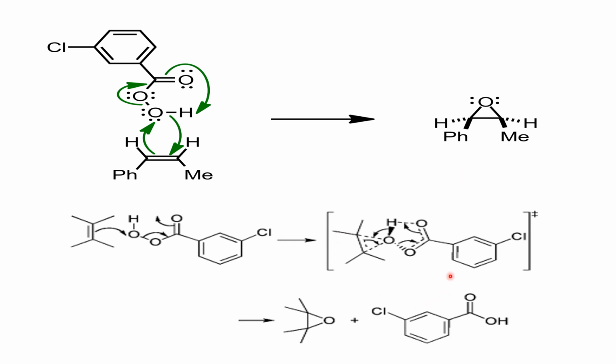And see here, we can easily make out a transition state is formed, which gets stabilized by rearranging to form the epoxide and meta-chlorobenzoic acid. Take down carefully. So, in the Prilezhaev reaction, a butterfly type mechanism is operating, resulting in the formation of an epoxide from an alkene.